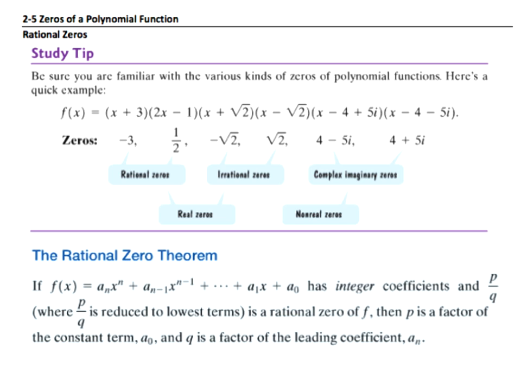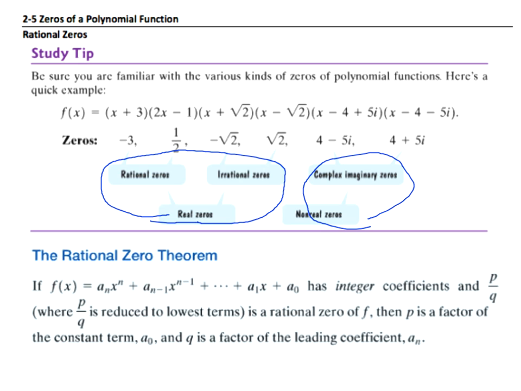You have complex imaginary zeros. We saw these show up in sections 2.1 and 2.2 when we were doing the quadratic formula. We were getting those complex. So these can be further broken down into real zeros, which encompass rational and irrational. So just see this division here. And then we have non-real, which would be our complex imaginary zeros.